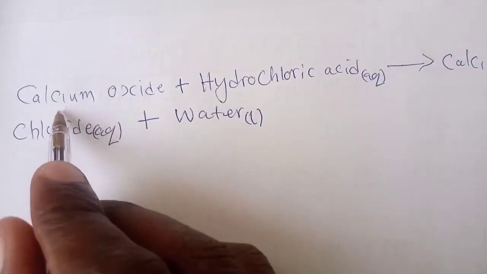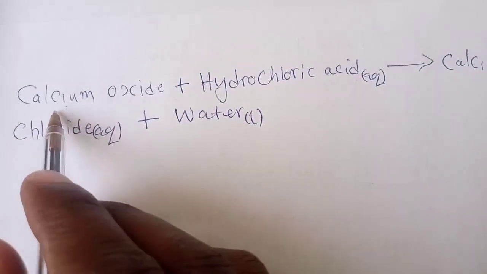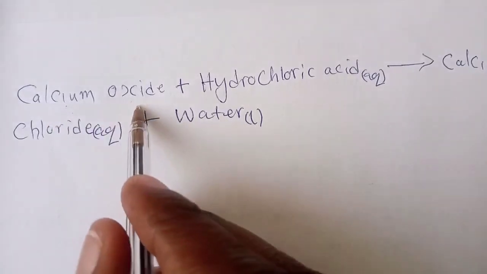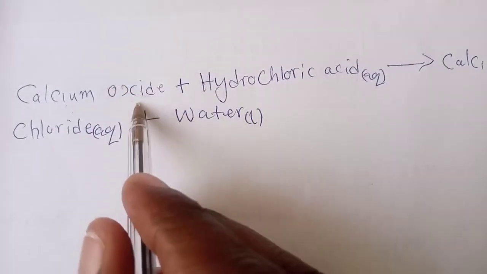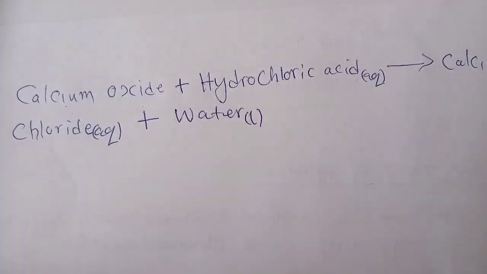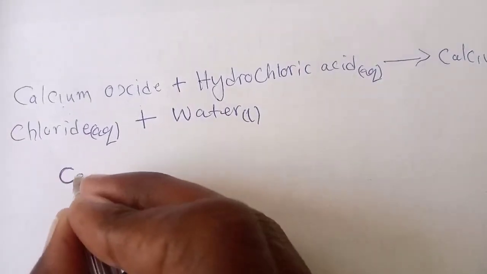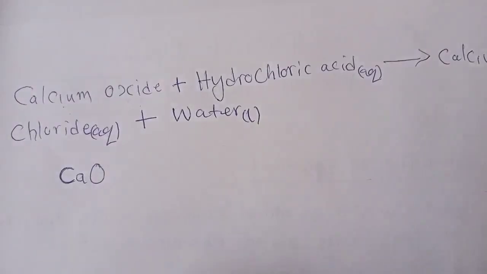So you'll be thinking that calcium has a valence of 2, since it is in group 2, and oxide, which is oxygen, has a valence of 2. When they swap their valences, 2 and 2, then divide, there will be just 1 calcium oxide, like that.